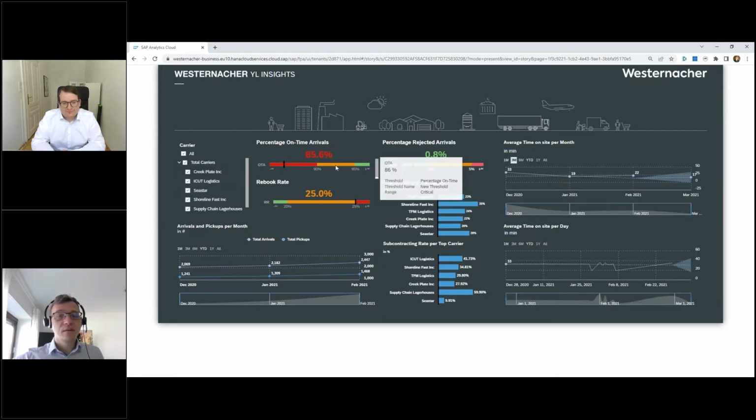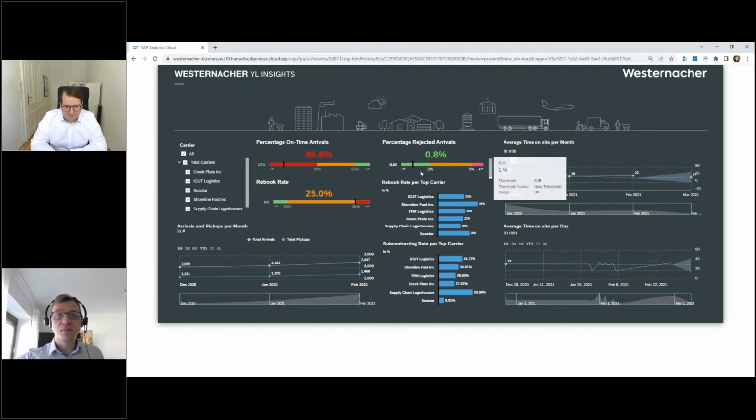You then see per carrier the on-time arrivals, how many routes have been rebooked by the carrier, how many arrivals have been rejected, and you can also see in general the rebook rate for the main carriers that you have and the subcontracting rate, because that also gives a very good indicator of the impact of subcontracting on the performance of these carriers.